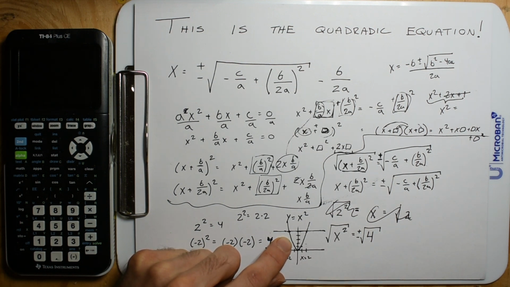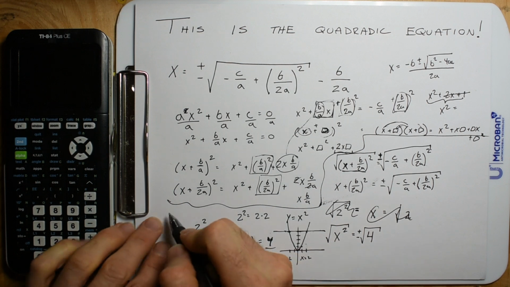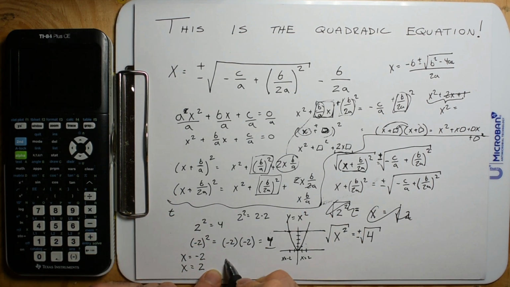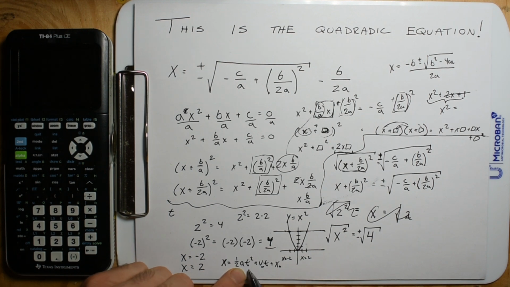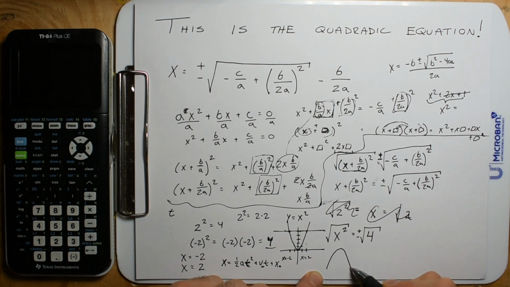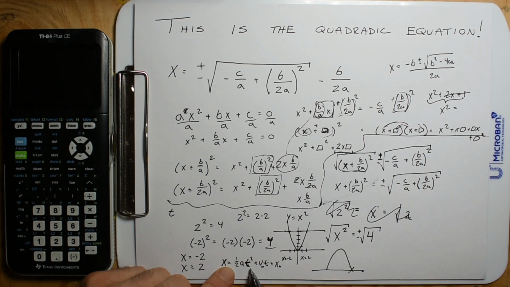Now, when we use it for real world problems, especially when you're trying to find time, the kinematic equations are: position is 1/2 acceleration t squared plus the initial velocity times t plus the initial position. And if you wanted to find the time it takes for something like a projectile to go up and then down and hit the ground again, you'll probably have to use the quadratic equation.